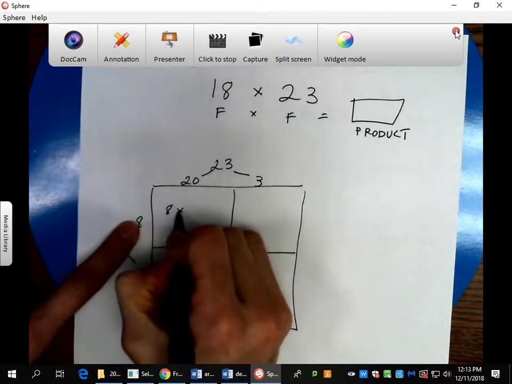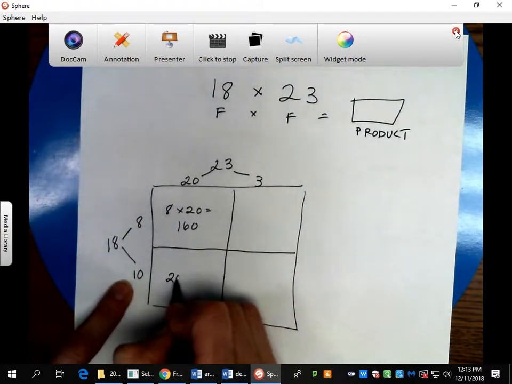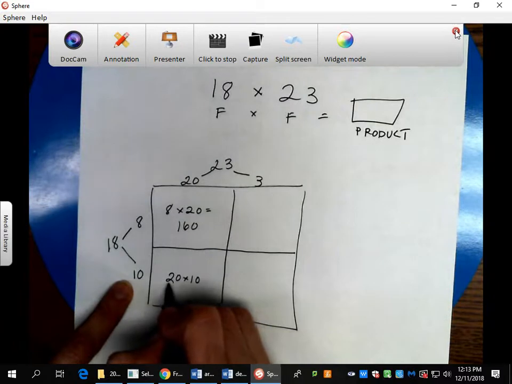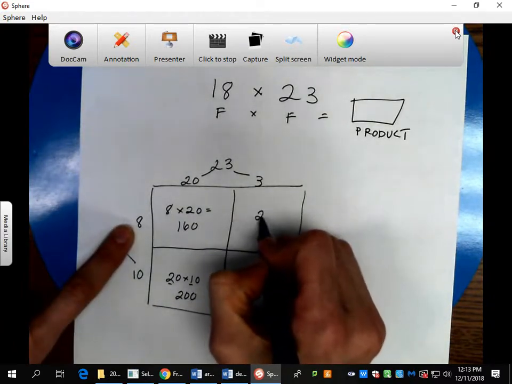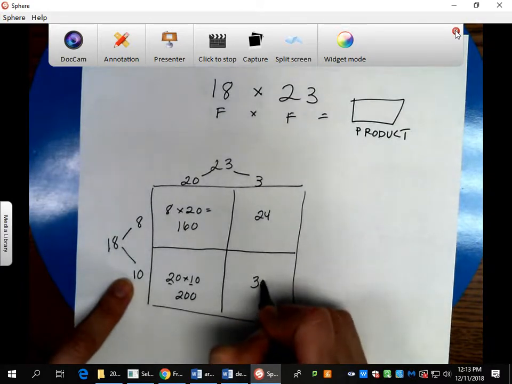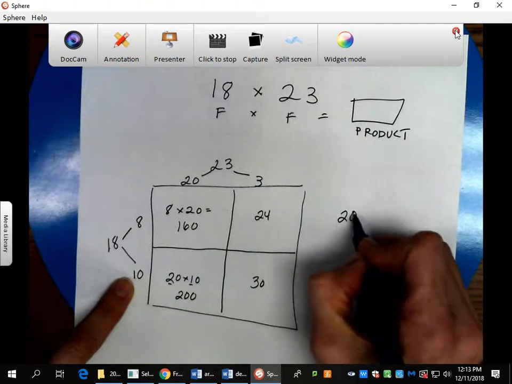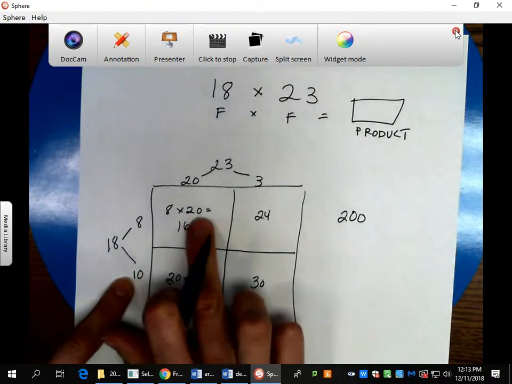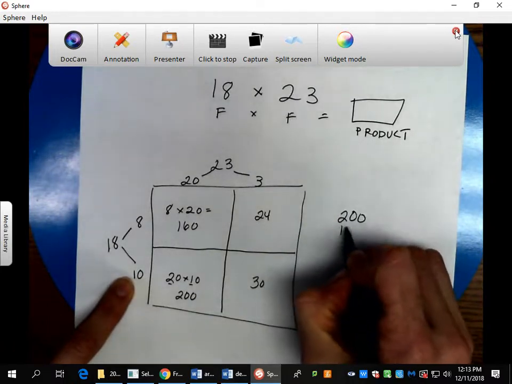So we would do 8 times 20, 160, 20 times 10, 200, and we would use our basic facts, 3 times 8, 24, 3 times 10, 30, and we would add up all of our partial products, part of the answers, and get a total product.